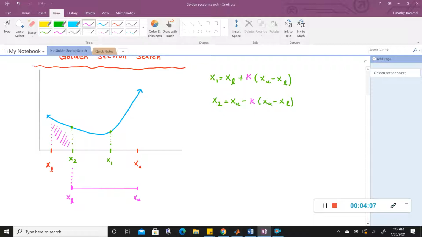Okay. We want to choose this value k so that x1 here becomes the new x2. Okay. So in other words, we no longer have to make this calculation for one of these. Okay. We still will need to make our calculation for x1.